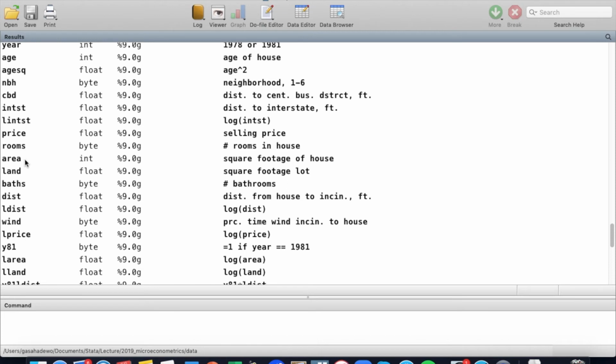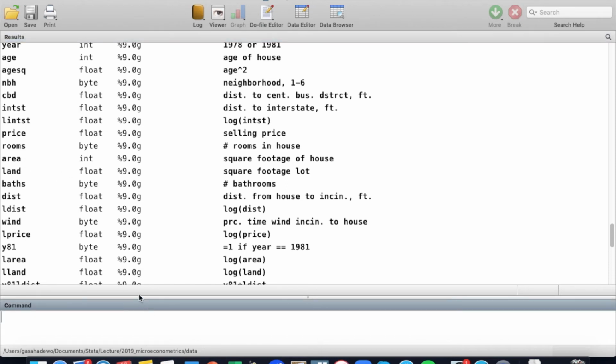So let's do that and include the explanatory variables in the model. So again, it's going to be log price, then y81, near inc, and the interaction. Okay, and let's add the control variables.